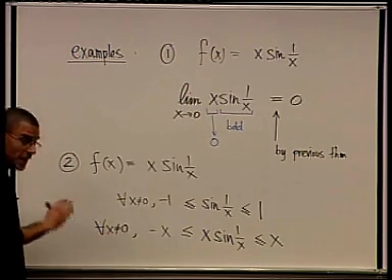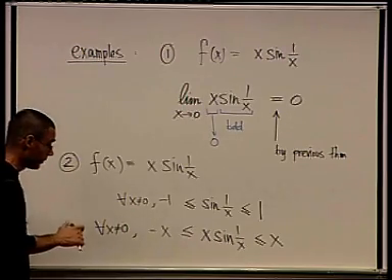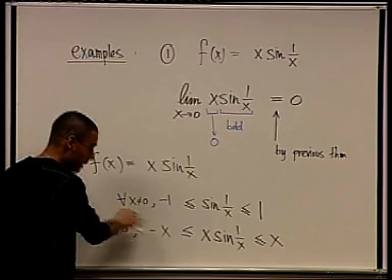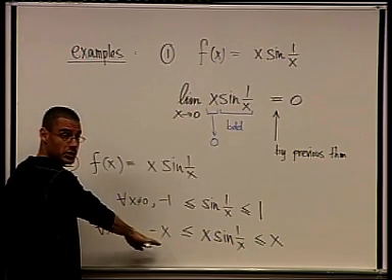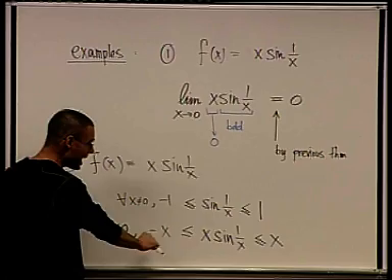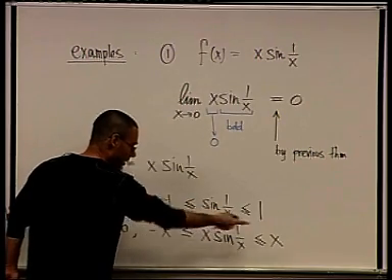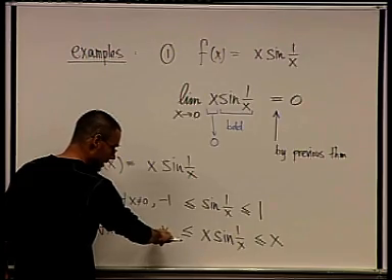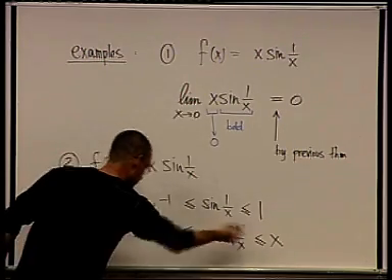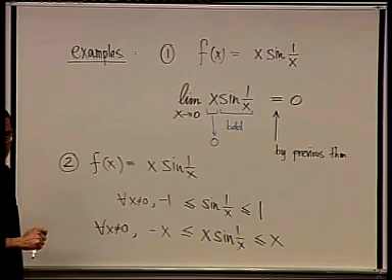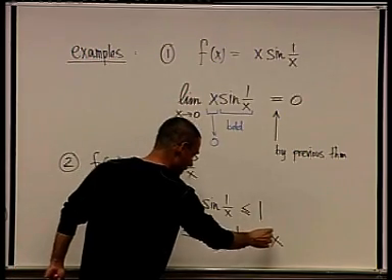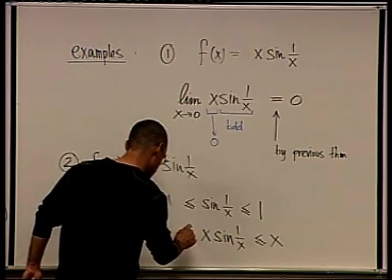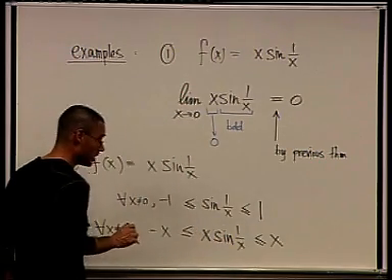The answer is yes, it's true, but we have to be careful. When x is positive and I multiply this by x, it's clearly true. The inequality doesn't change. When x is negative and I multiply everything by x, I still get it to be true, but I have to change the inequalities.